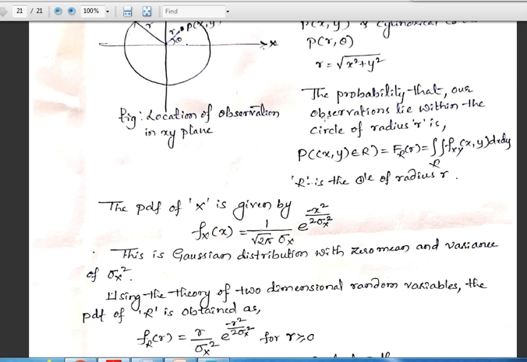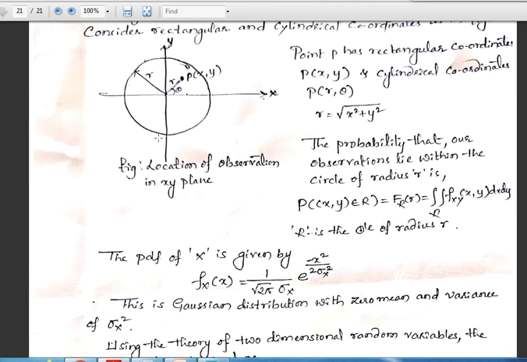The probability that our observation lies within the circle of radius r is P of (x, y) belongs to R. Let's draw a circle with radius r; the probability that our observations lie within the circle of radius r is F_R(r), which is the surface integration of f_XY(x, y) dx dy over the region R. When we do it, the PDF of x is f_X(x) equal to 1 divided by root of 2 pi sigma_x, e raised to minus x square by 2 sigma_x square.